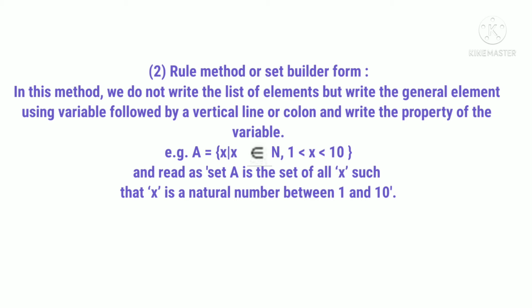Example: A = {x | x ∈ N, 1 < x < 10}, read as set A is the set of all x such that x is a natural number between 1 and 10.